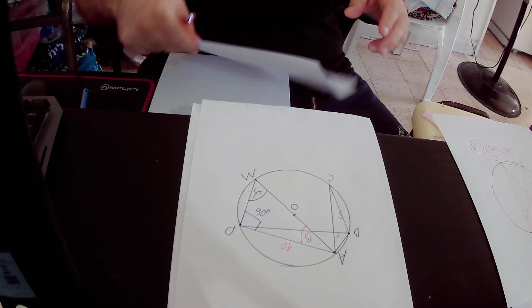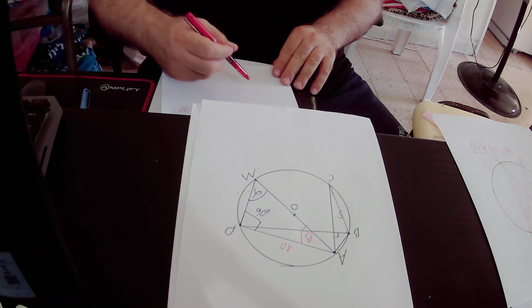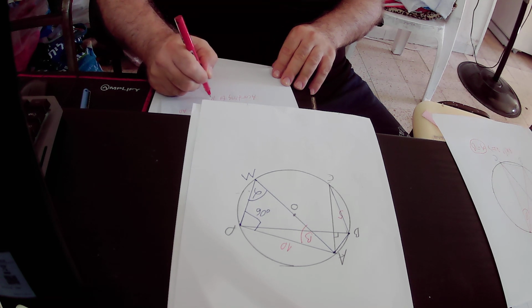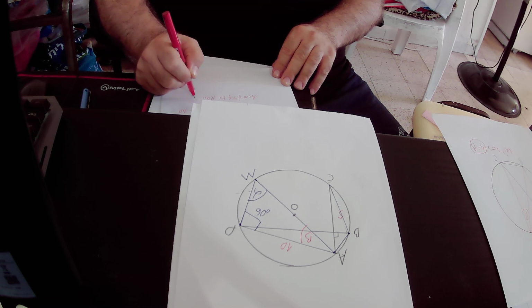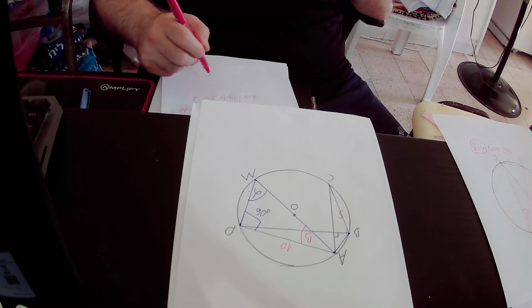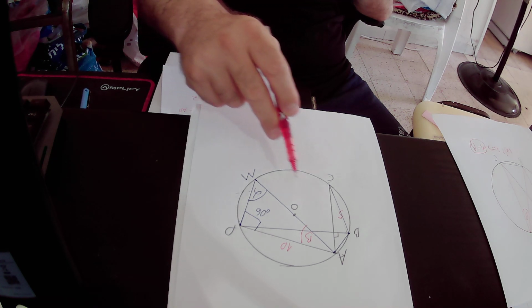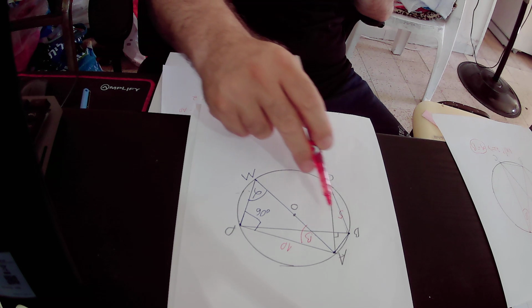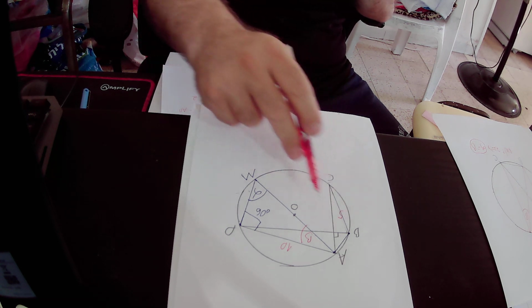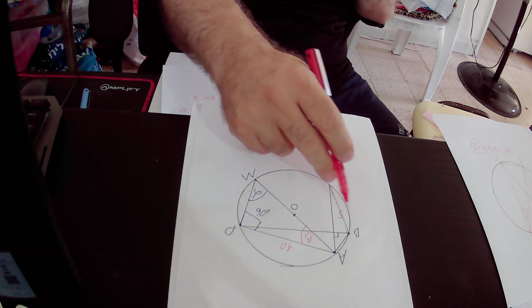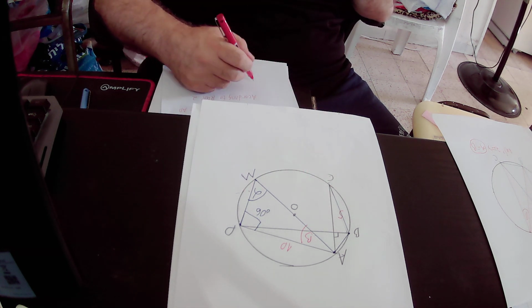So according to rule number 2, the two angles that rest on the same chord are equal to each other. So angle ABD equals angle alpha.